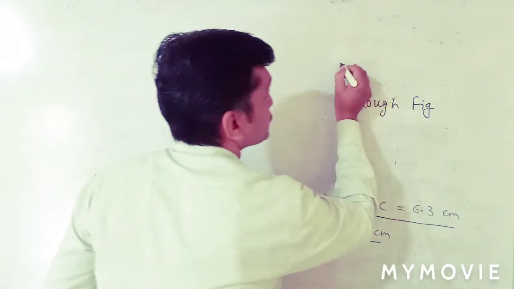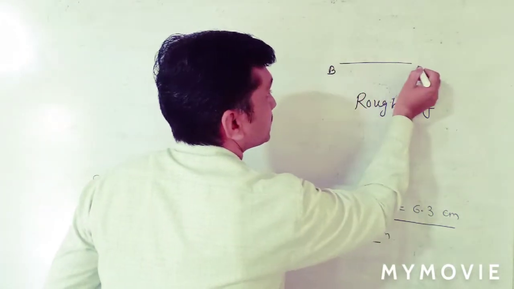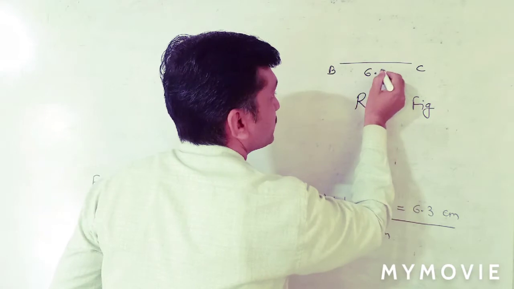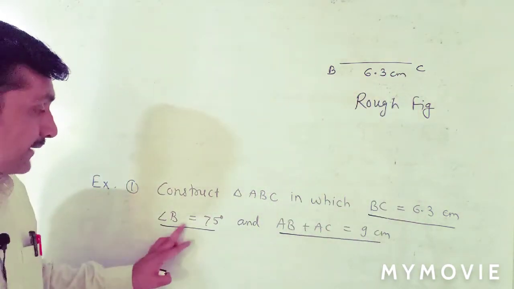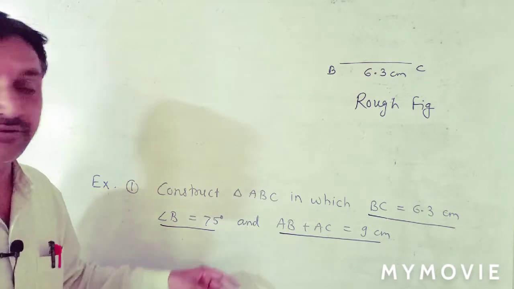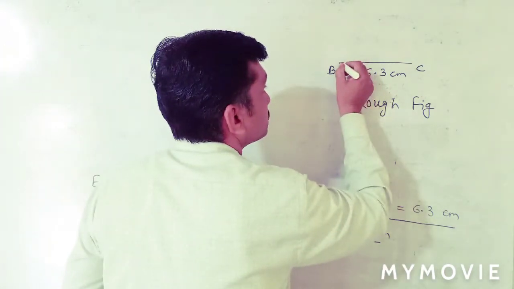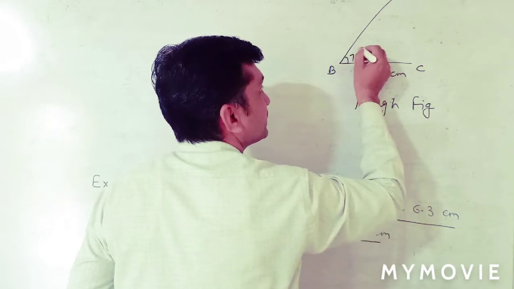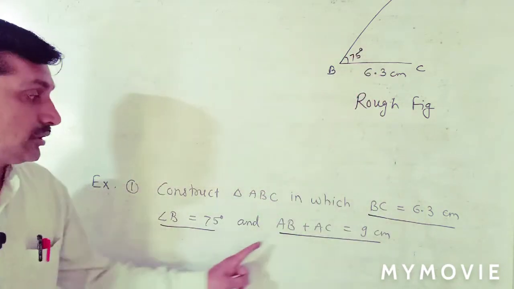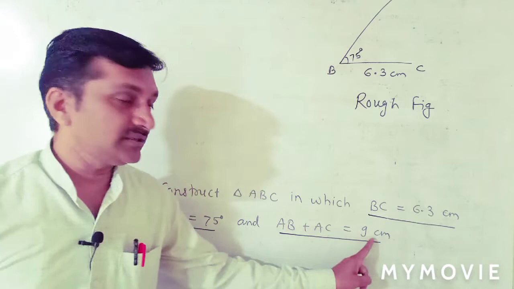First BC, this is a rough figure, 6.3 centimeter. Then angle B is 75, acute. Here 75 degree, angle B, and AB plus AC is 9.